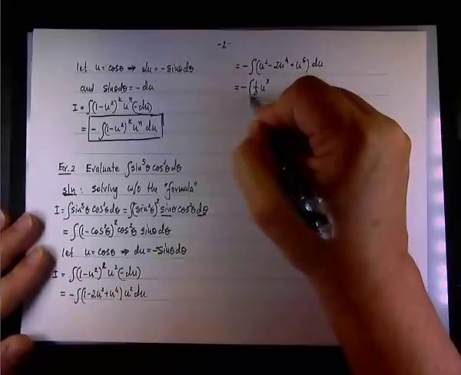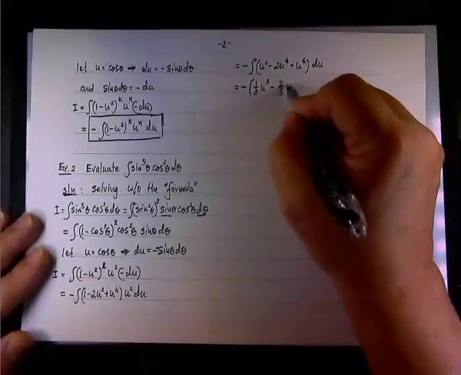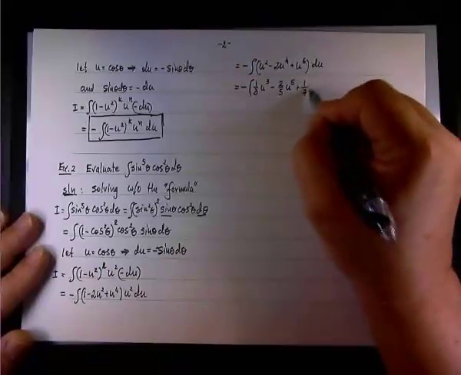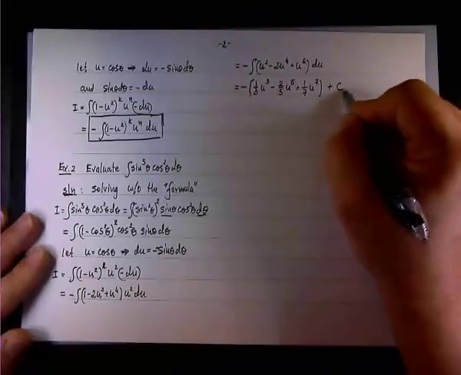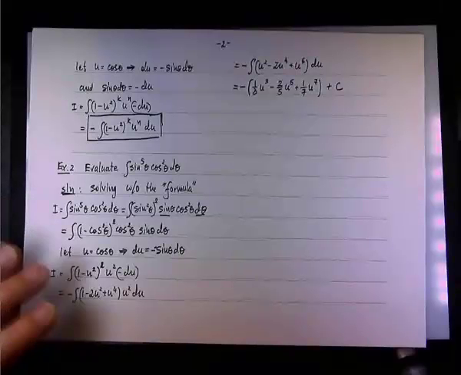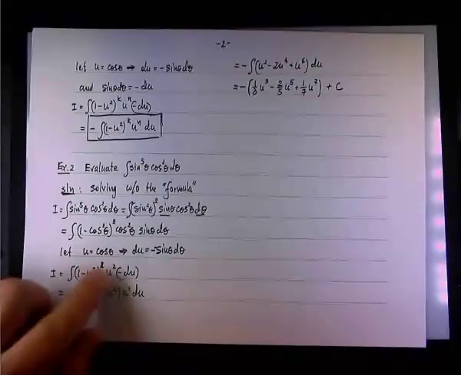So we have negative, here we have 1/3 u cubed minus 2 over 5 u to the 5th power and plus 1/7 u to the 7th plus C, don't forget the constant.